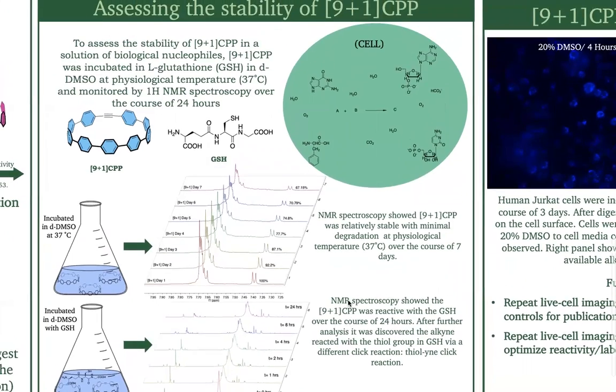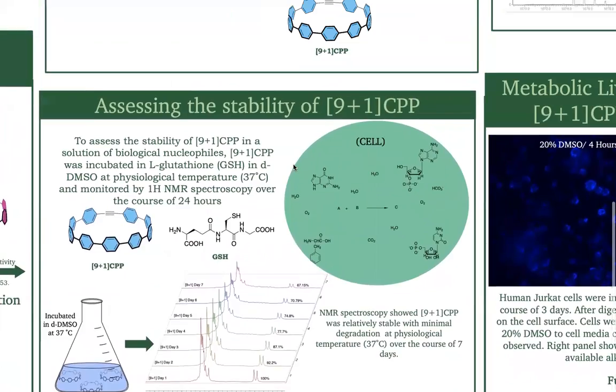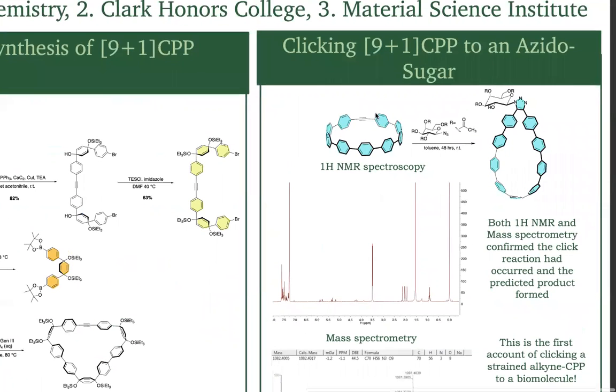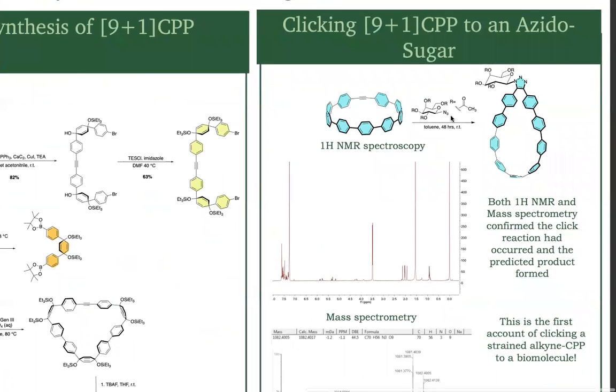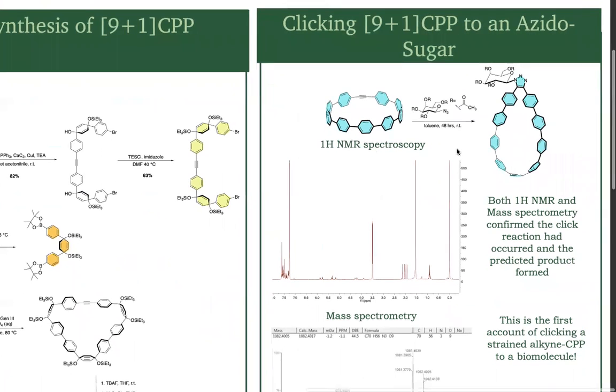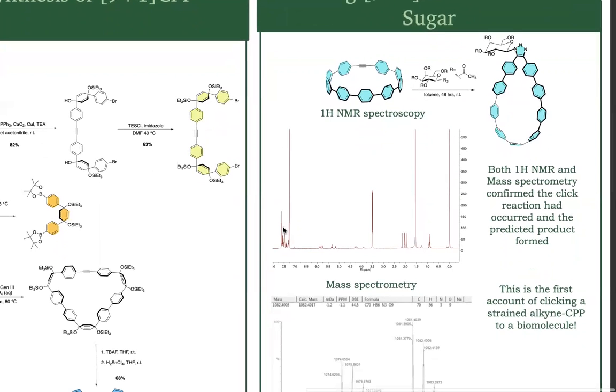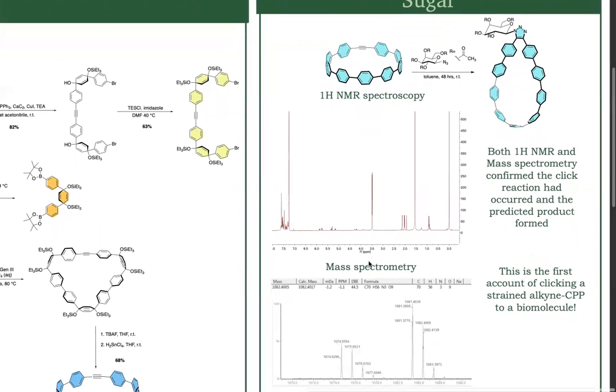So the next step was to actually click a CPP to a biomolecule. And so what I did was I incubated, again, the 9+1 CPP with an azido sugar. So you can see the azide is right here, and there's a lot of acetyl groups. And here would be my predicted product. After running this for 48 hours in a solution of toluene at room temperature, we analyzed the product via proton NMR spectroscopy.